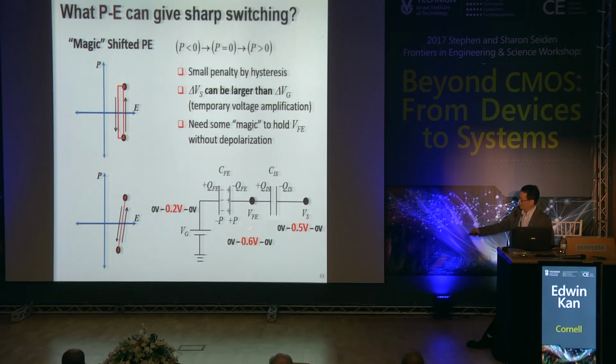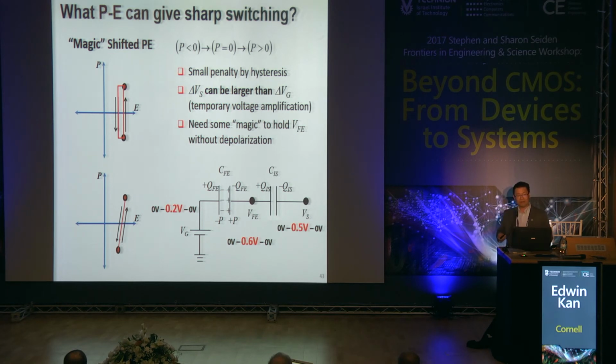This one switches 0.6 volts to 0.5 volts. If you hold it, remember this is static CMOS, then it is inevitable you will have a depolarization field across this material. So this one will depolarize. Even if you have this magic material, it will have to be depolarized.